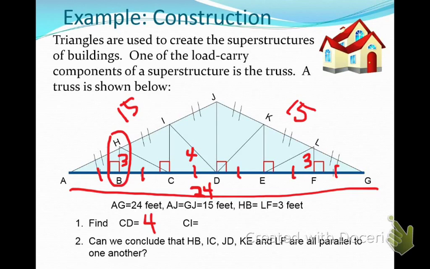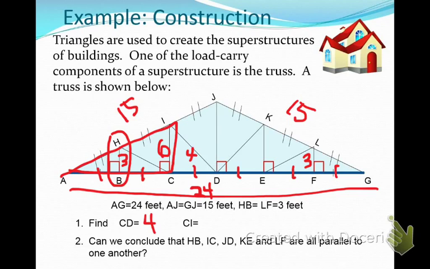Okay, take this triangle right here. Just that triangle. What is HB in that triangle? 3, and what would we call it? It's a midsegment, and it's parallel to IC. So if HB is 3, what's IC? It's not 3. 6, right. This segment is half of the base. So IC would be 6.